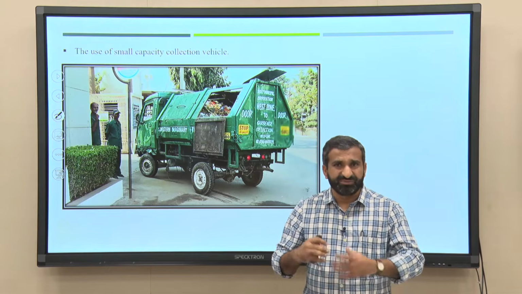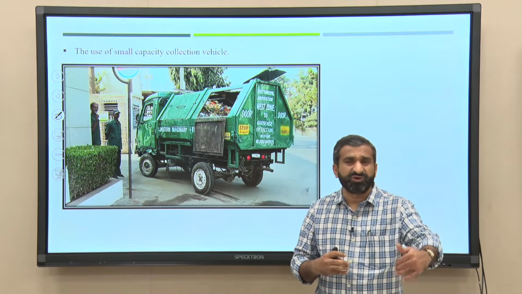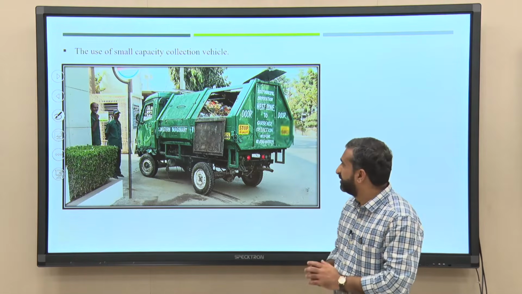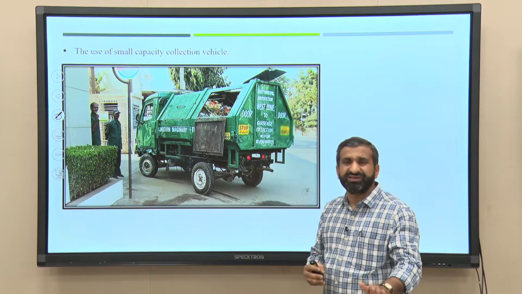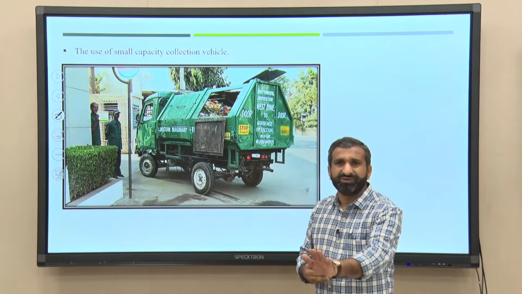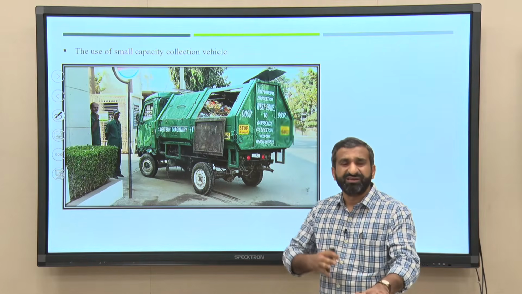If such a vehicle travels on smaller roads, it is very difficult for it to move through them. And nobody likes such big vehicles in their nearby or neighboring area.